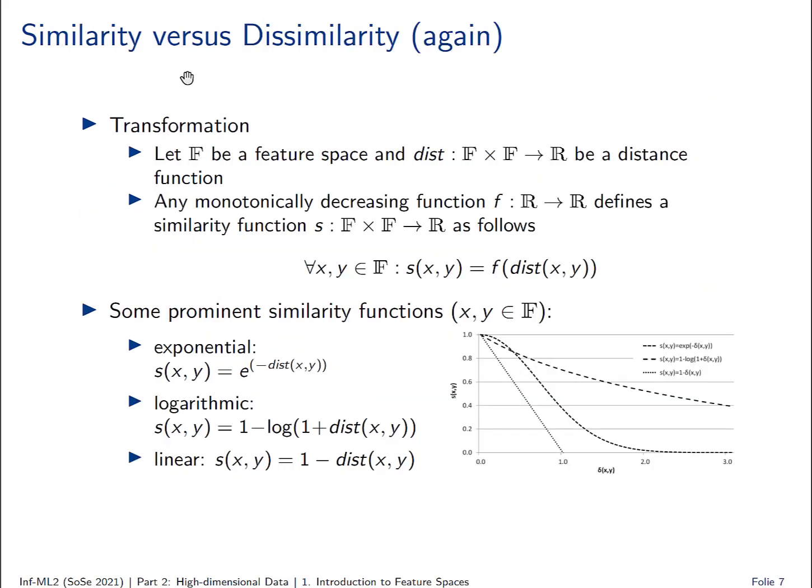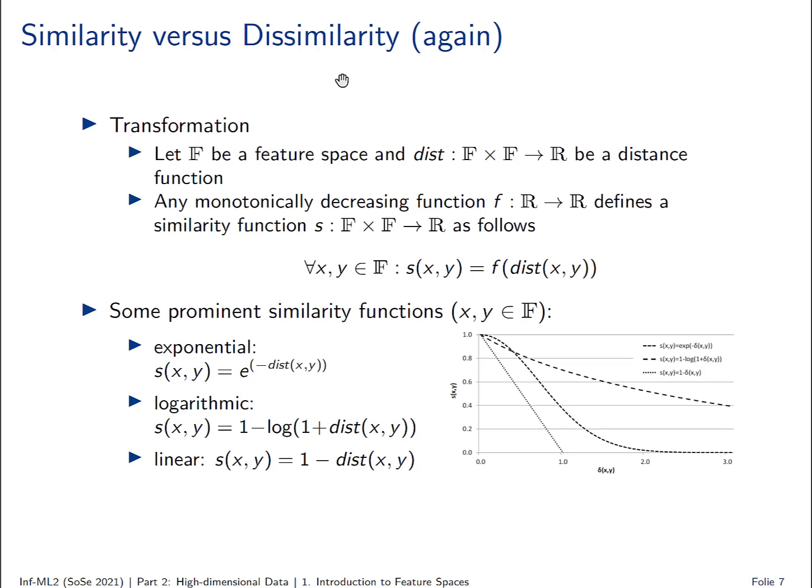So, revisiting similarity versus dissimilarity. We talked about it before. Now let's see if we can somehow transform one into the other. Similarity measures similarity, so it gives high values to things that are similar. Distances have low values for pairs of objects which are similar.